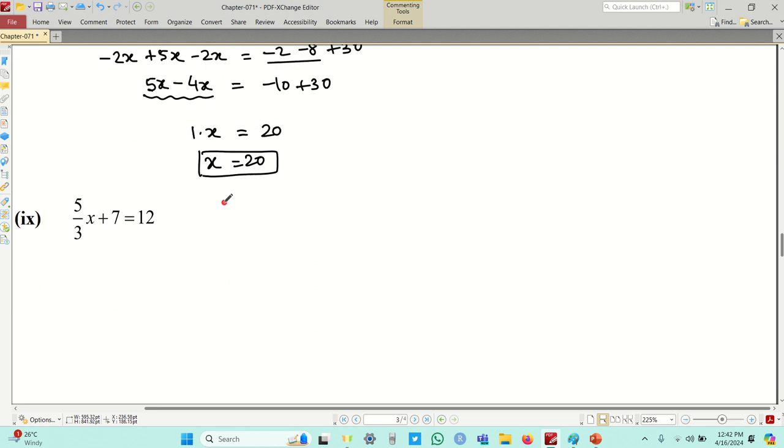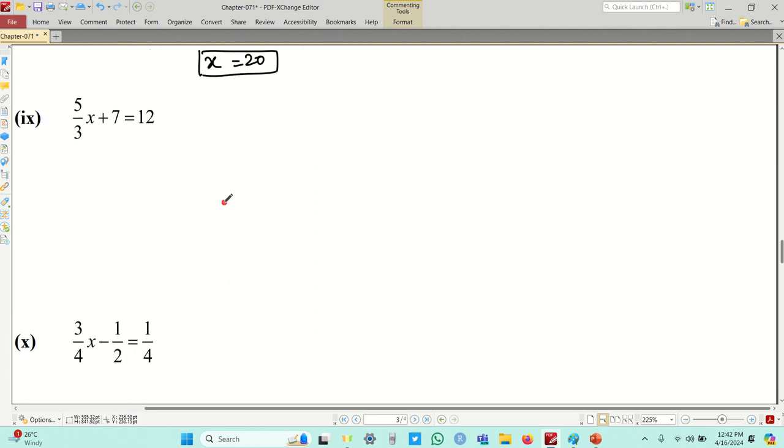Okay. Now this is another question, and here a fraction is given. Fraction 5 by 3. So how do we solve this type of question? Step number 1 is the same. Bring this here. So what will it be? It will be 5.